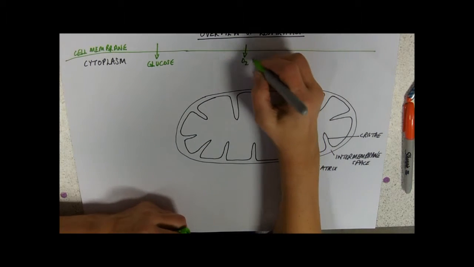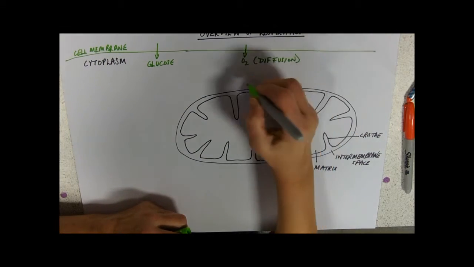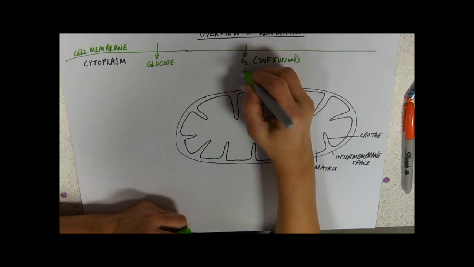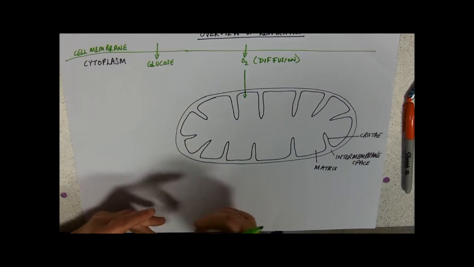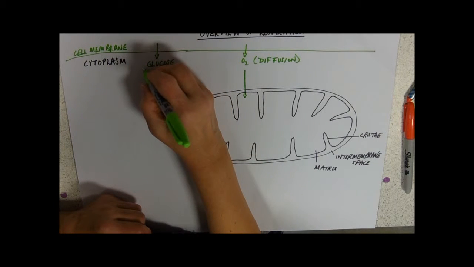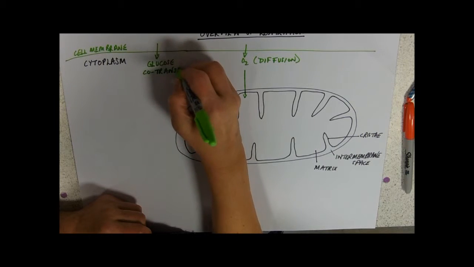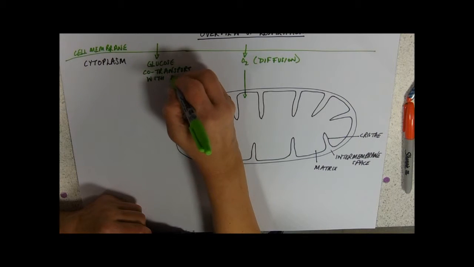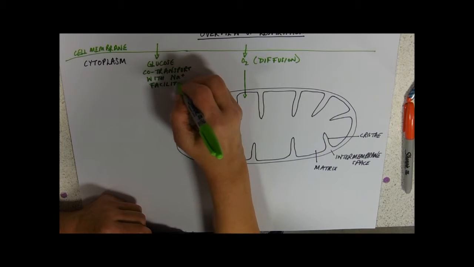So remember, oxygen is going to get in by straightforward diffusion. And because mitochondria do the aerobic bit, the oxygen is going to be diffusing straight into the mitochondria if it's present. Glucose will be coming into the cells, usually by co-transport with sodium ions, and that's coming in by facilitated diffusion.